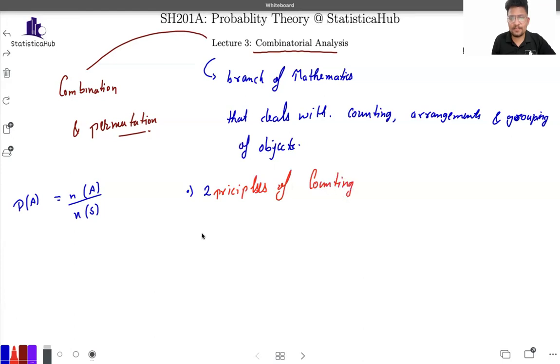The first principle that we have to consider is the principle of addition, and the other is the principle of multiplication.